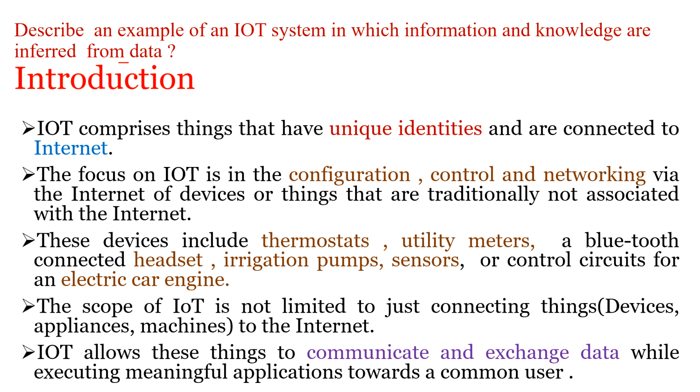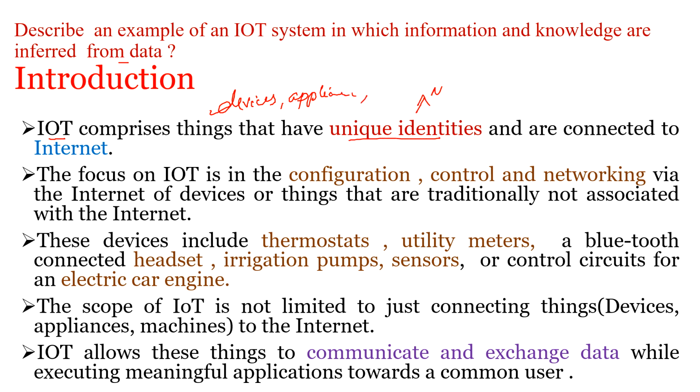IoT comprises things that have unique identities and are connected to the internet. What is IoT? IoT is basically the Internet of Things. What may be these things? These things can be devices, appliances, machines, etc. And what may be these unique identities?